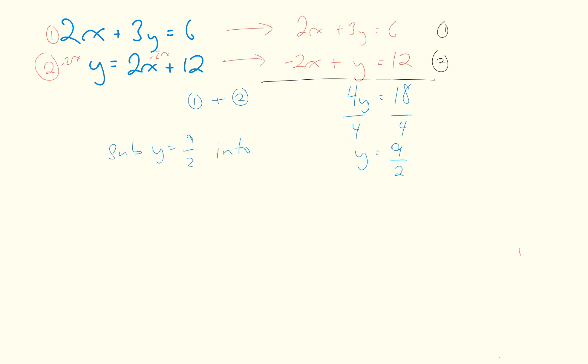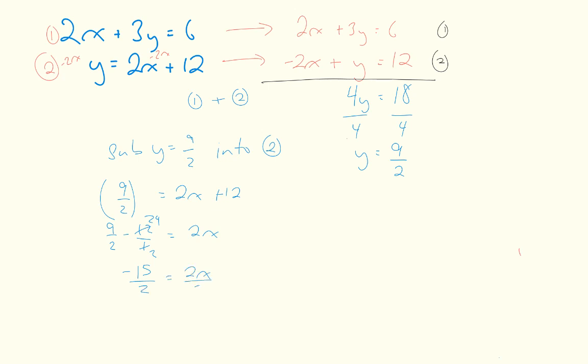into 1 or 2. Let's go into 2. 9 over 2 equals 2x plus 12. 9 over 2 minus 12 over 1, if I prefer, equals 2x. That would be 24 over 2. 9 minus 24 is negative 15 over 2, which equals 2x.